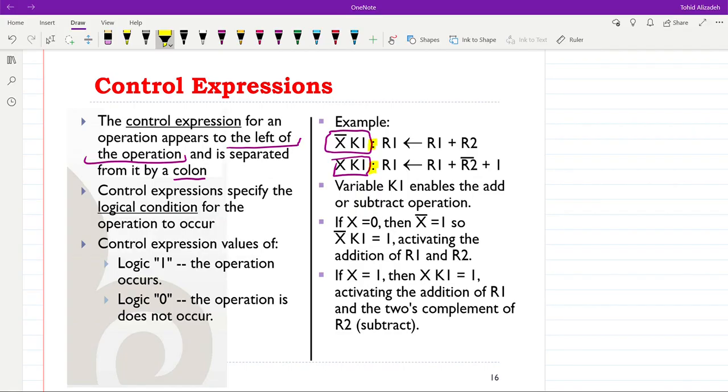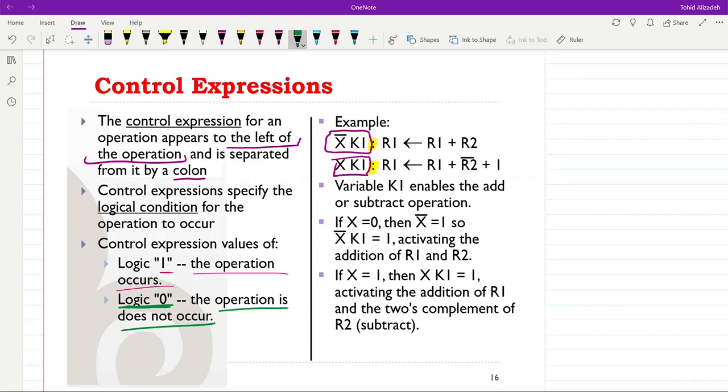If we receive 0, it means that the operation should not be implemented. That's again written here. Logic 1 means that the operation should happen, and logic 0 means that the operation is not going to be evaluated or performed.